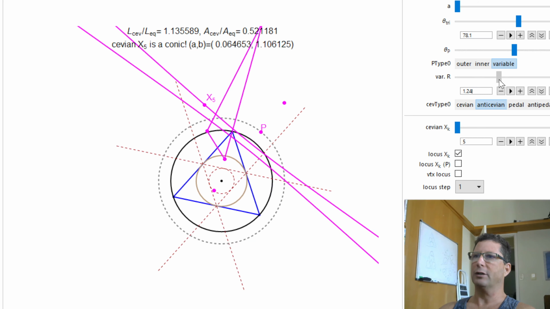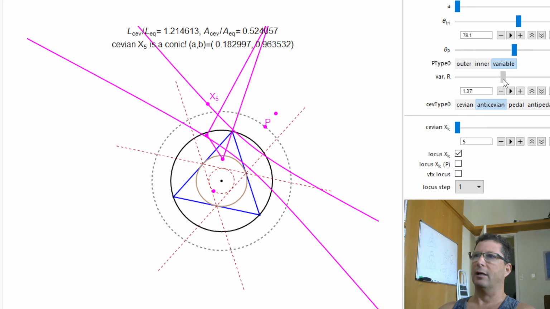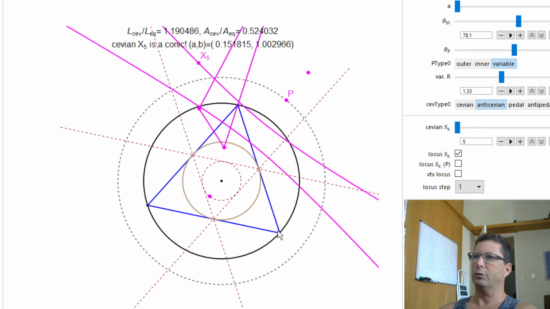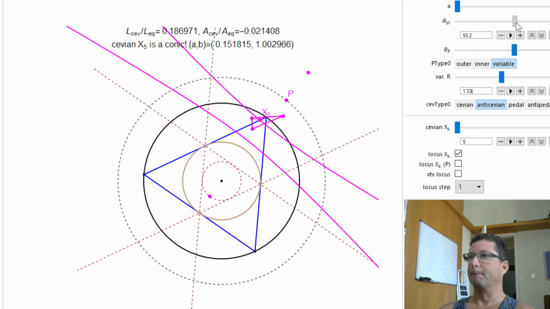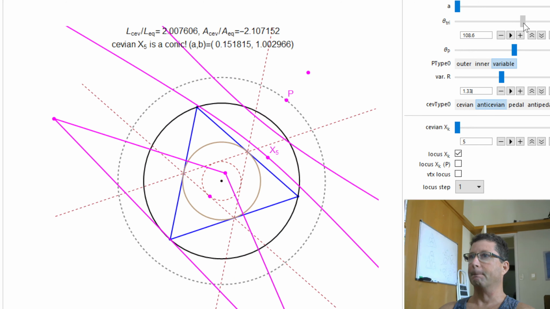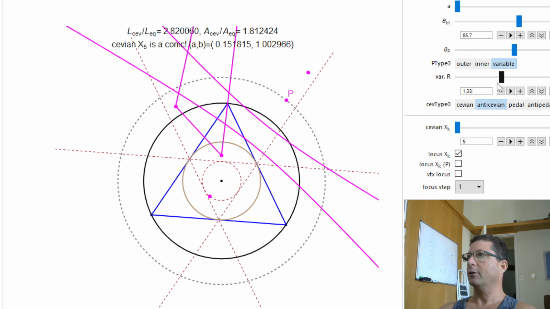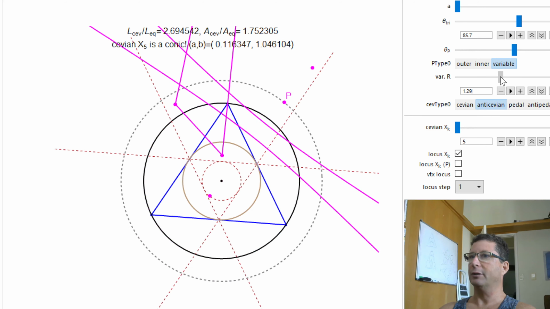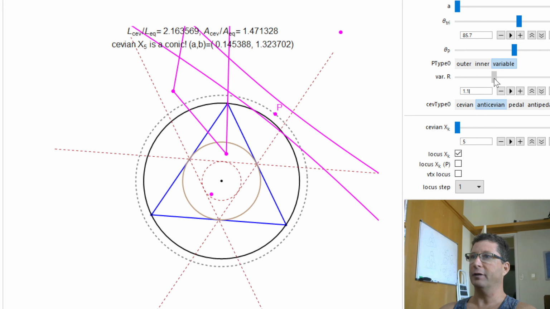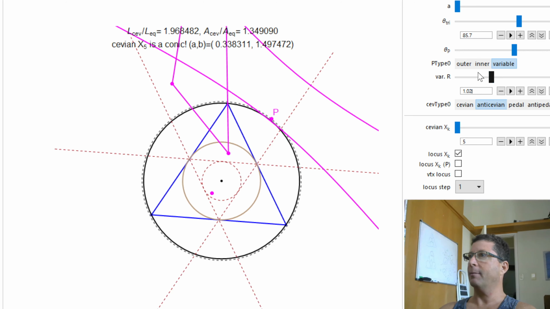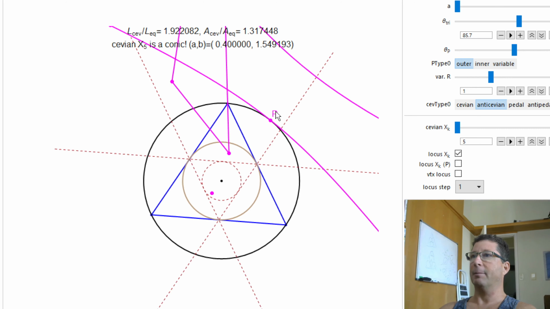Looks like one of the foci of the hyperbola is falling pretty close to a point on the Spieker circle. So let's now bring P closer to the incircle. Looks like that focus is moving a little bit. At some point, I'm on the circumcircle, and I'm a hyperbola that is tangent to the circumcircle at P.